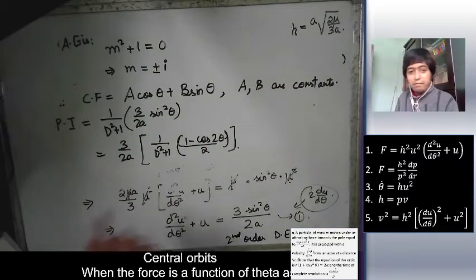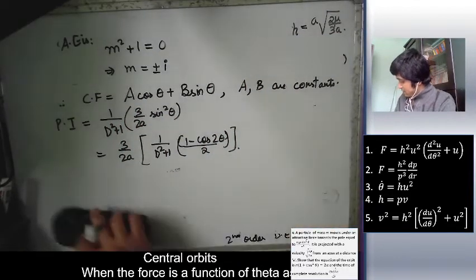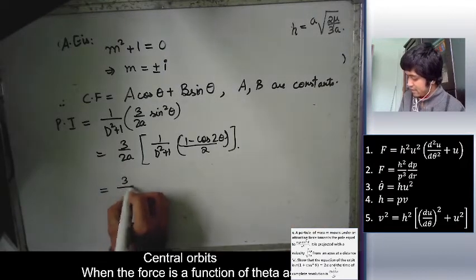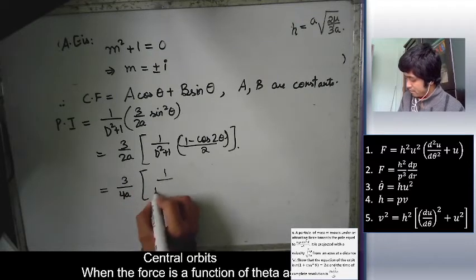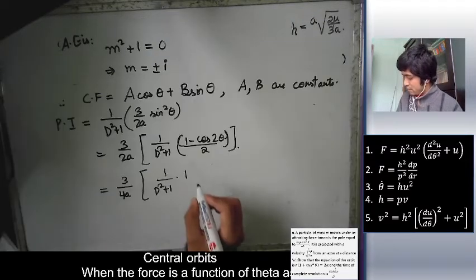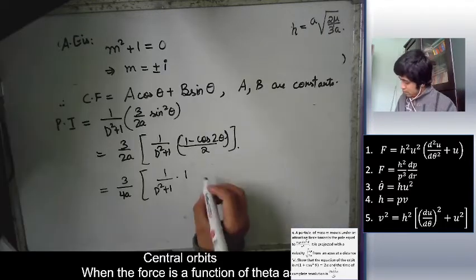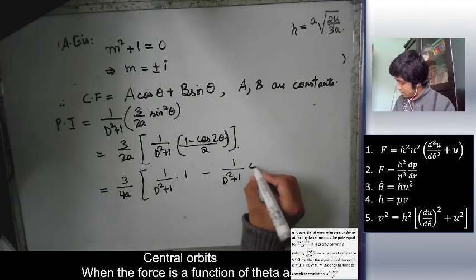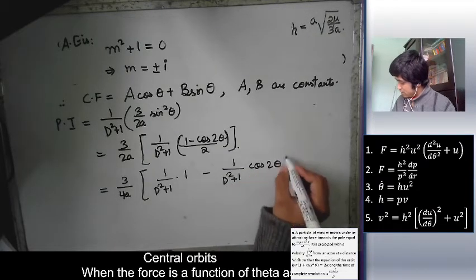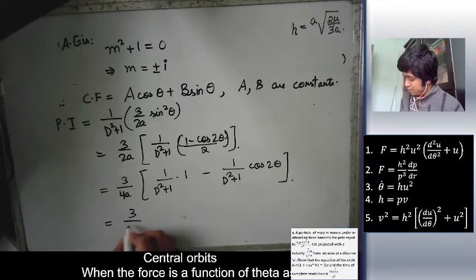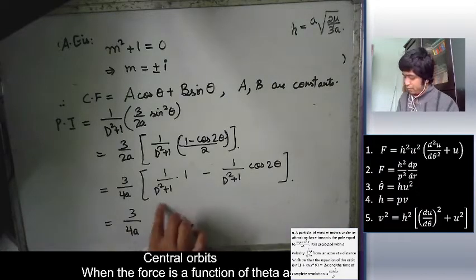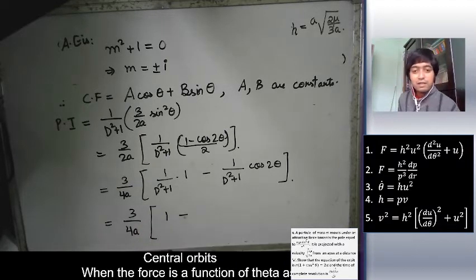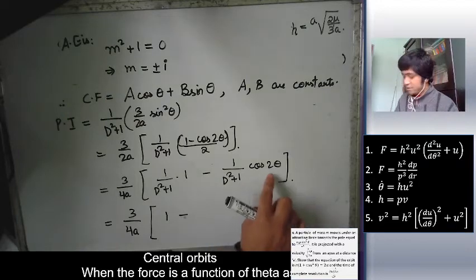Next, we will just have to calculate it. The 2 we can even take outside. So this one will be equal to 3 by 4a times 1 by D squared plus 1 of 1, which will be equal to 1 only, and 1 by D squared plus 1 of cos 2 theta.